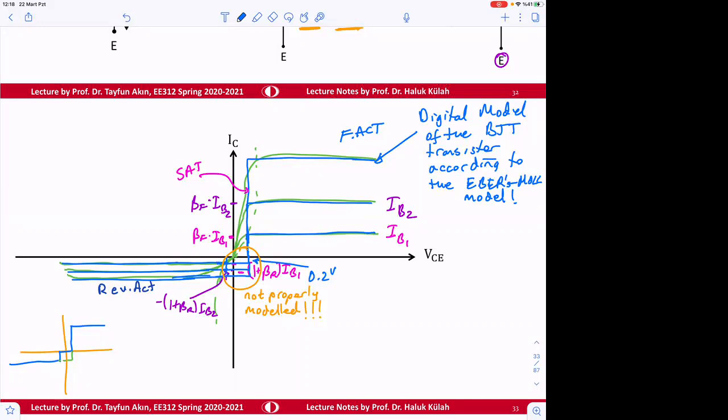Reverse active. So going from SAT to reverse active and vice versa, or the other way around, can create conflicts with what we know.